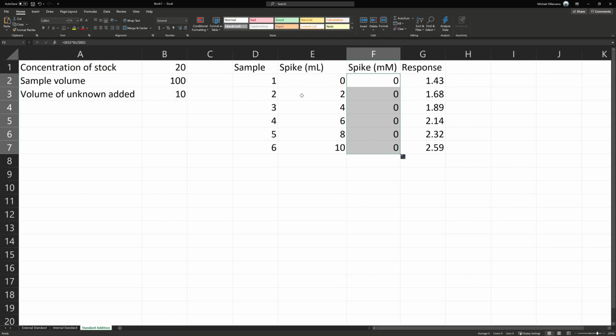Dollar signs. Equals this, multiplied by this, divided by this.